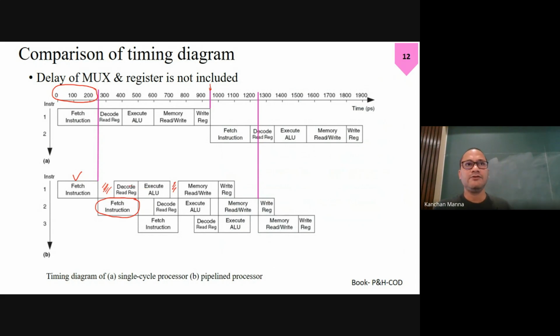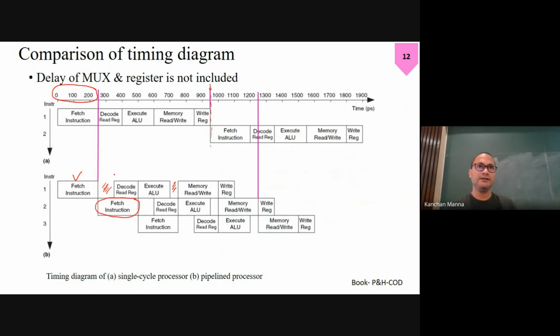Let's say we have already considered those components, though definitely we have to consider them, but this is the very beginning. So this is the timing diagram. Here the distinction is that for single cycle we fetch the next instruction after 950 picoseconds. However, in pipeline, we are fetching the instruction after 250.